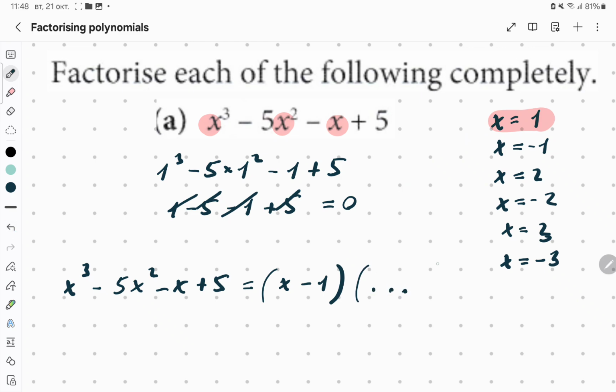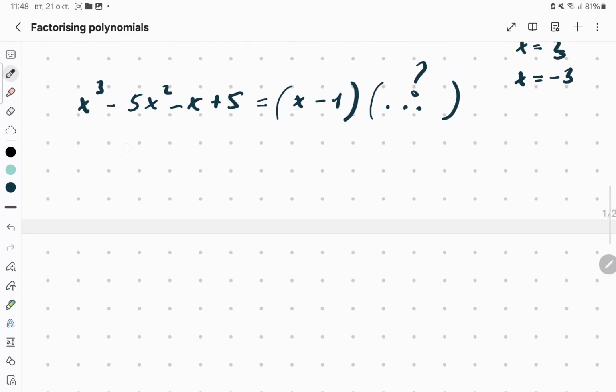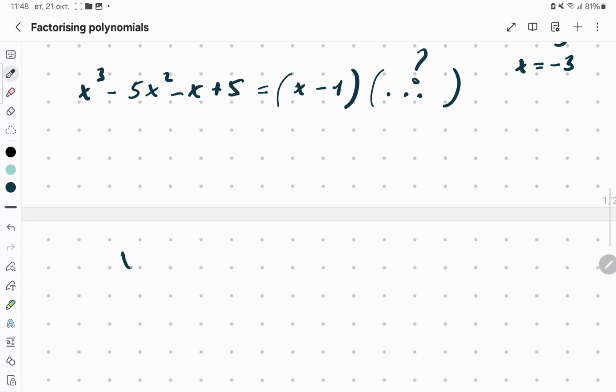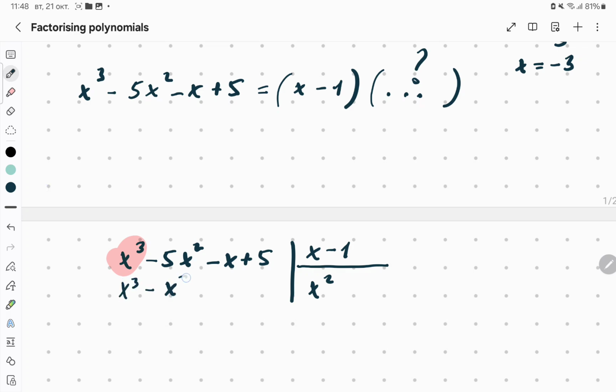Now the question: what's inside the second bracket? We do absolutely the same thing. We divide x cubed minus 2x squared minus x plus 5 by x minus 1. Again, we look at the leading term, x cubed, so it's x squared here: x cubed minus x squared. Now subtracting, we get minus 4x squared minus x, so it's minus 4x now: minus 4x squared plus 4x, because we are multiplying these two terms.